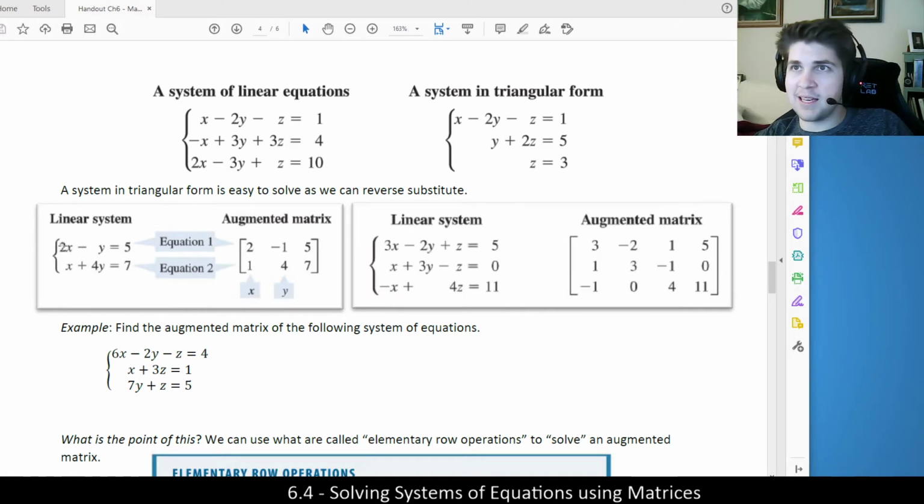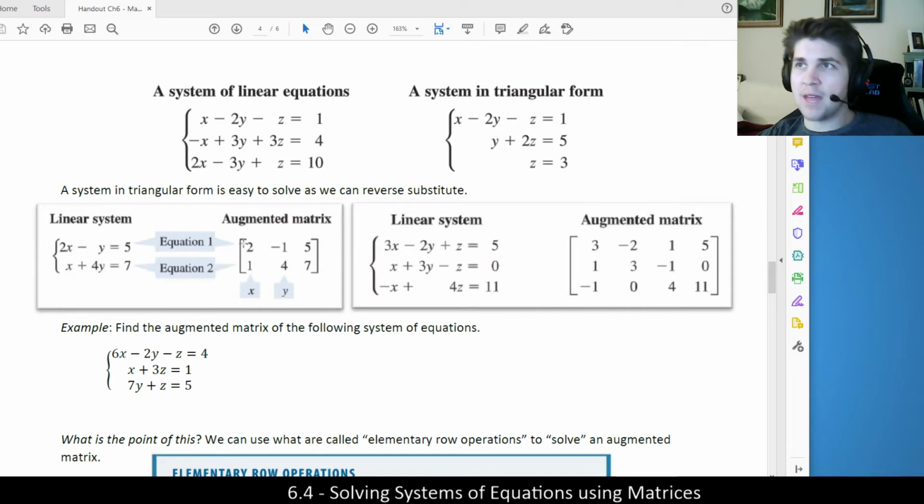So I'm taking the coefficients 2, minus 1, 5, 1, 4, 7 and putting them into matrix form instead. This is not an equation, which is why it's referred to as an augmented matrix. It's just a way we write it to collect the most relevant points of information.